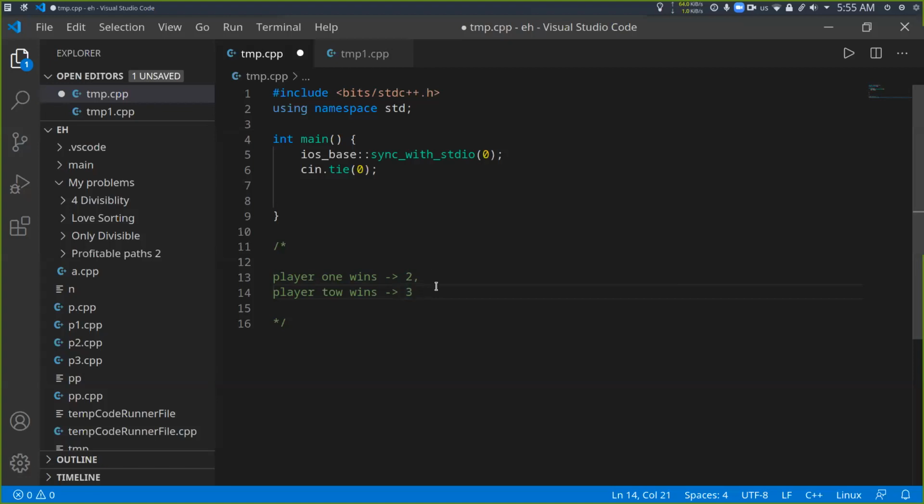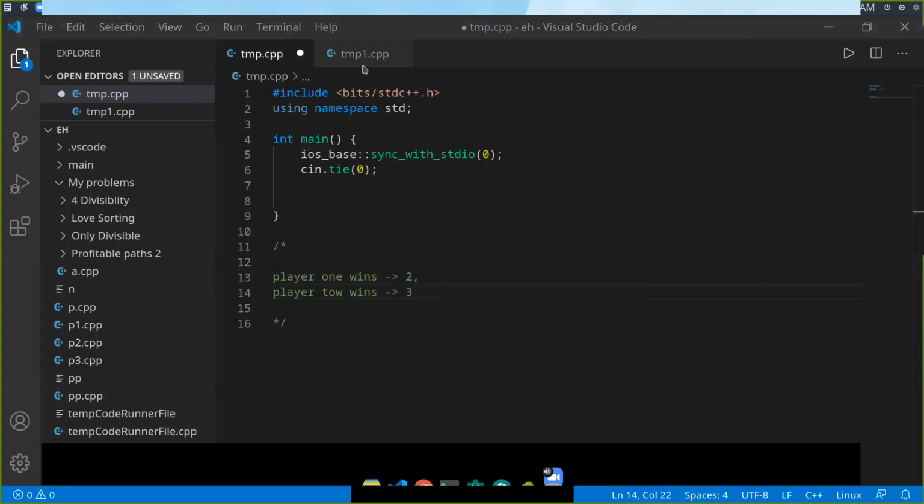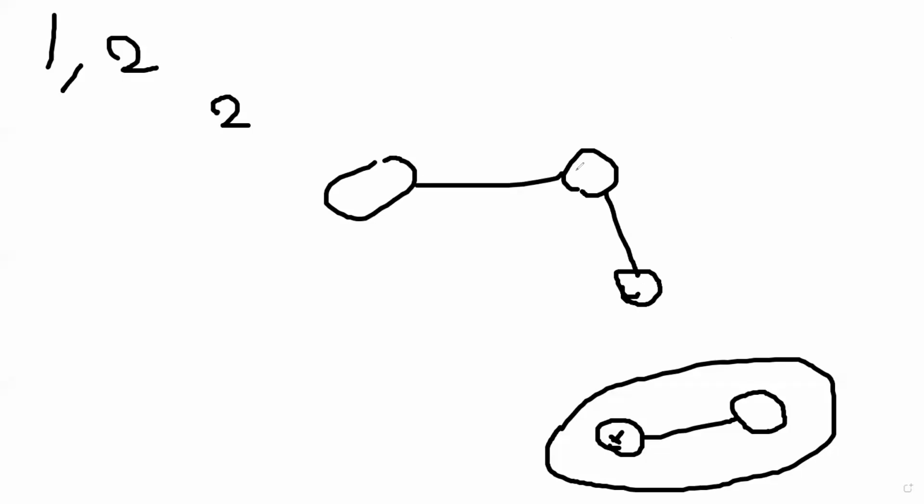To go back to the whiteboard here, I think you can see it. We have 3 nodes here, and X is in the middle. If player one removes any node, either this or this, then player two wins.